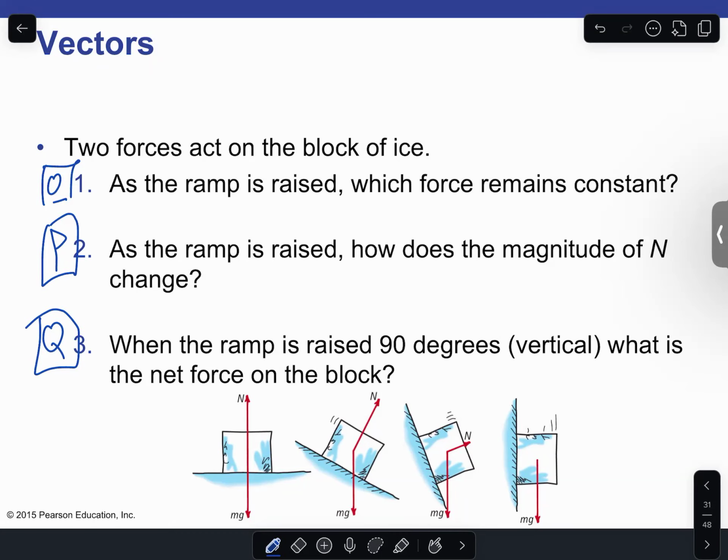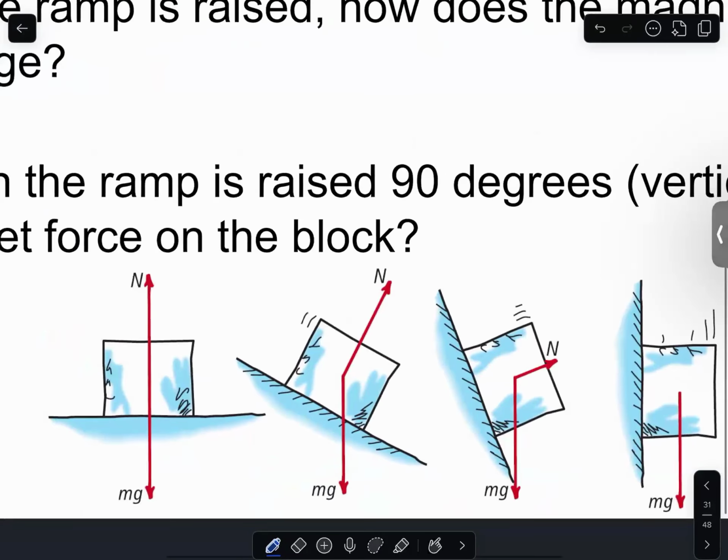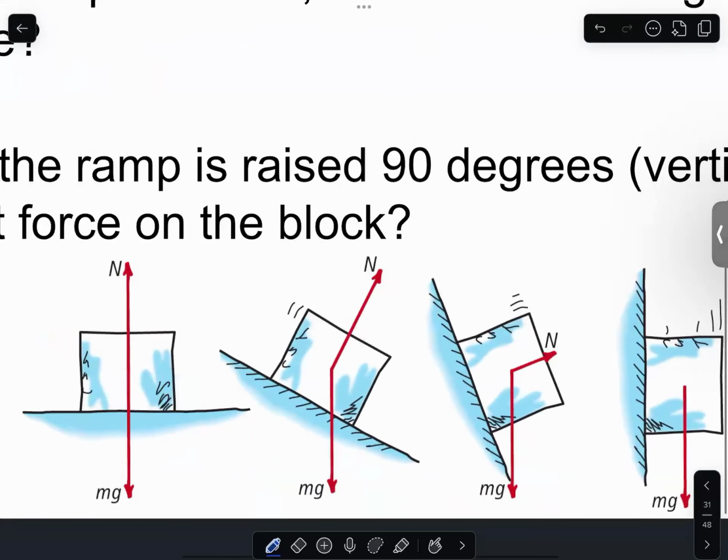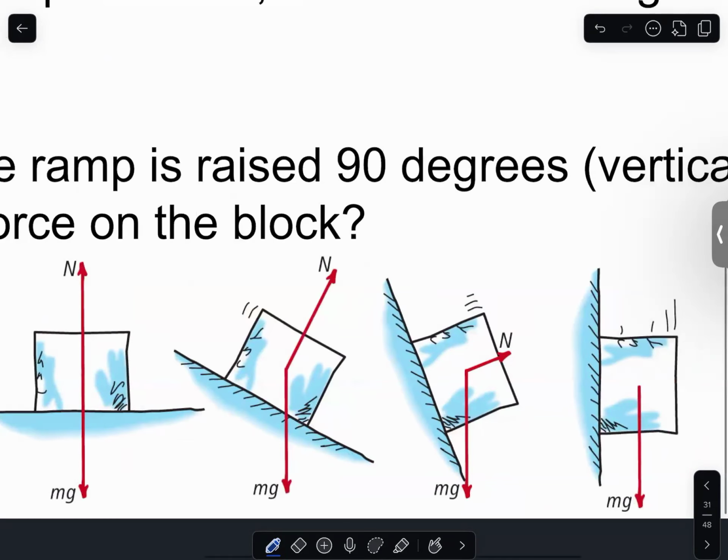I'm going to zoom in on the diagram here and emphasize that last class I told you how to calculate weight, the formula for weight. And the formula for normal is, there is no formula, you have to deduce it. In particular, question C again was, in the vertical case, what's the net force on the block?